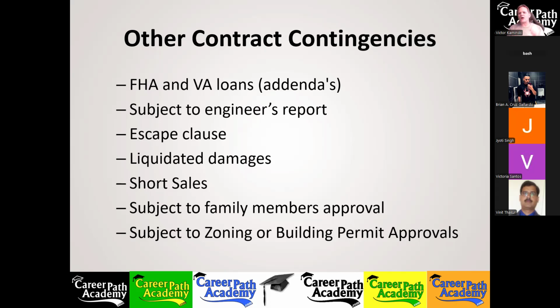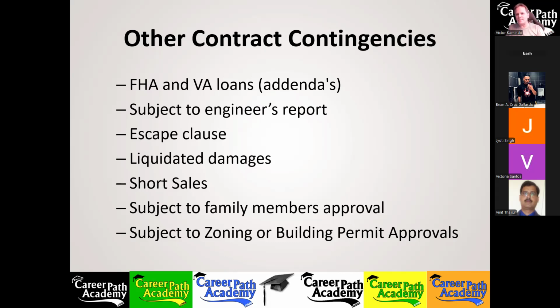So the seller could say, okay, this is what we'll do. We'll accept your offer. However, you're going to have to put an escape clause in that contract. An escape clause allows the seller to escape the contract and not be in breach of contract, and allows the seller to continue marketing the property and showing it.